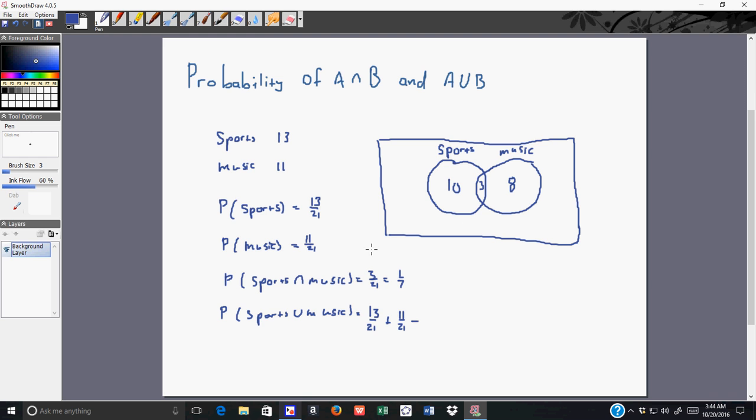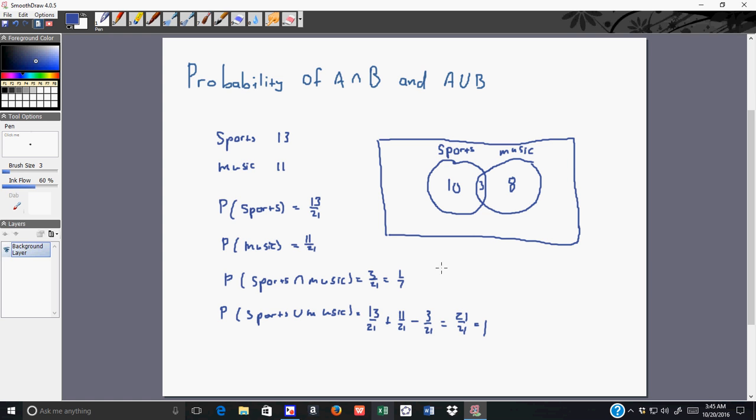But I ended up counting these three people twice, so I had to subtract that out: 3 out of 21, which gives me 21 out of 21, which makes sense because that's 1, which is 100%. Everybody plays either sports or music in my example.